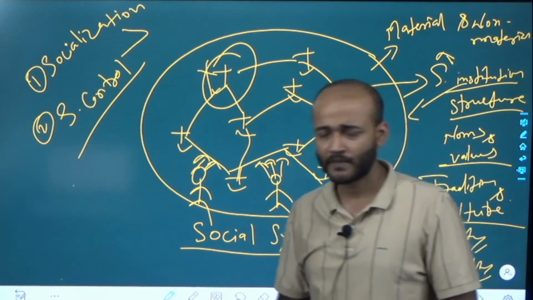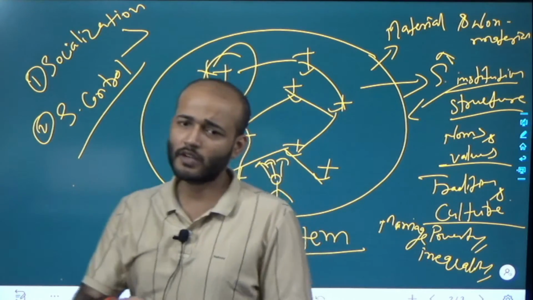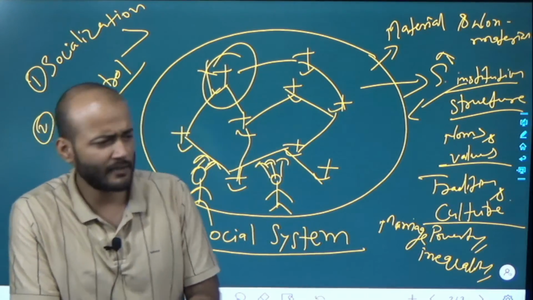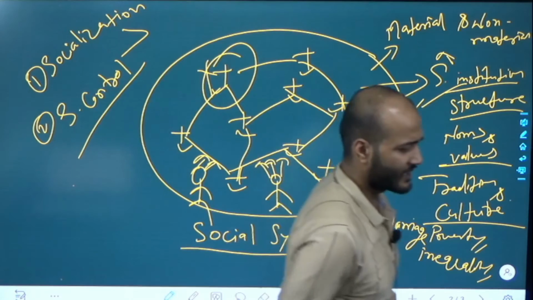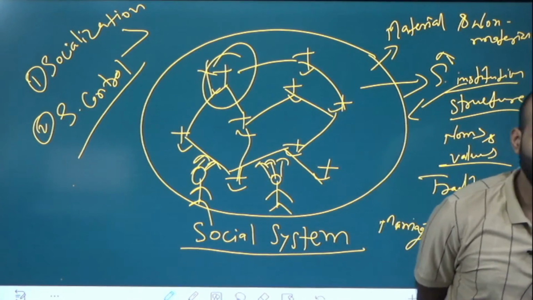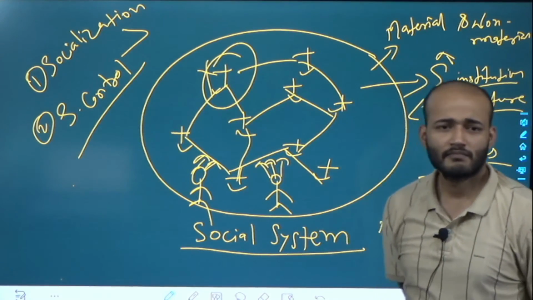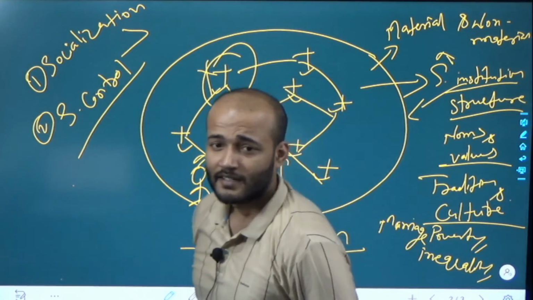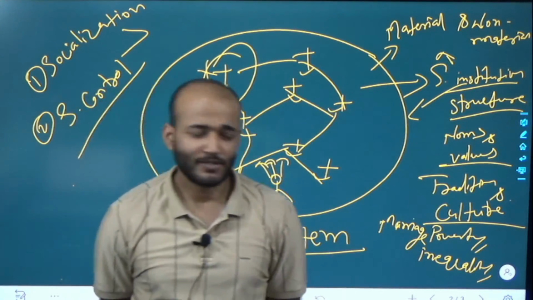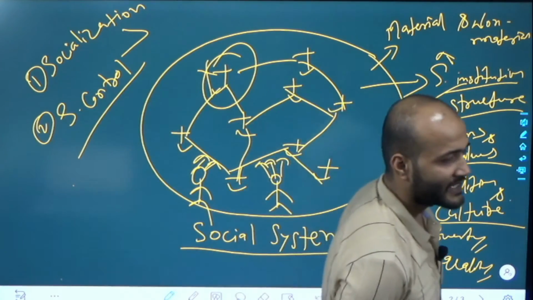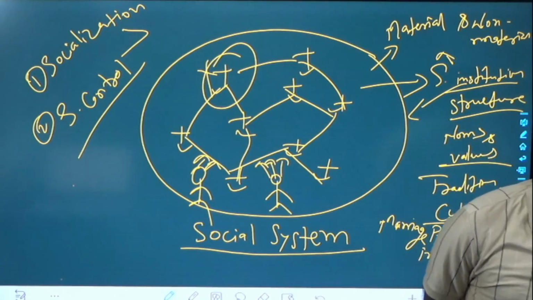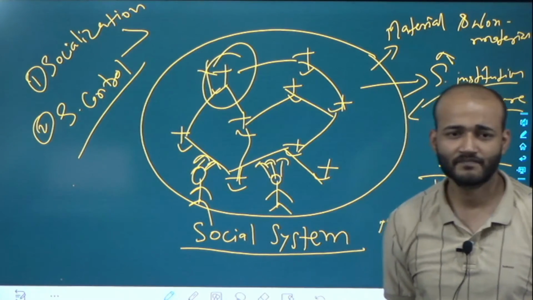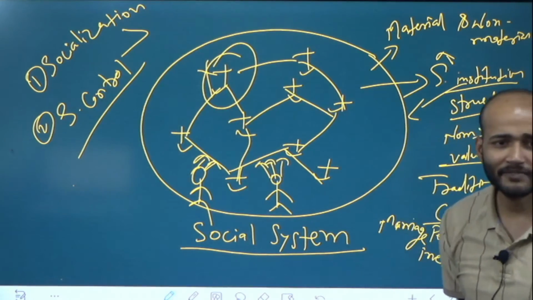So socialization becomes one of the important factors. Now think, you have some goal to attain in society. You want to become an IAS officer. So there is a legitimate way: crack the examination and then become a part of that organization.